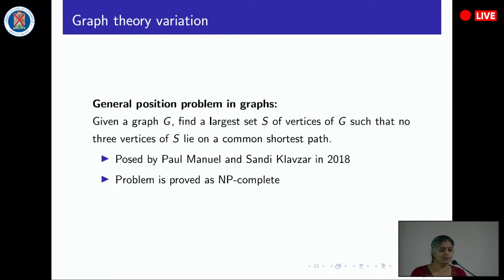The major problem when extending this from usual geometry to graph theory is that in usual geometry with the usual metric, the shortest path connecting any two points is a straight line, and that is unique. So no 3 points lying in a straight line makes sense in the way that when two people want to communicate, there should not be a third person in between, the shortest path being the straight line connecting them.